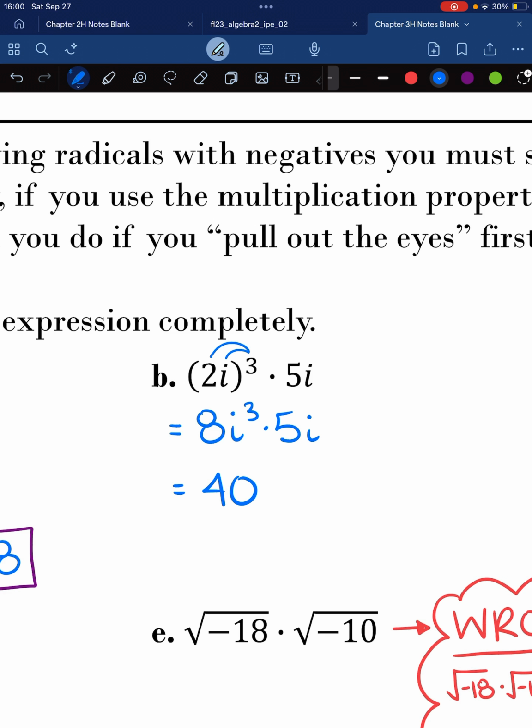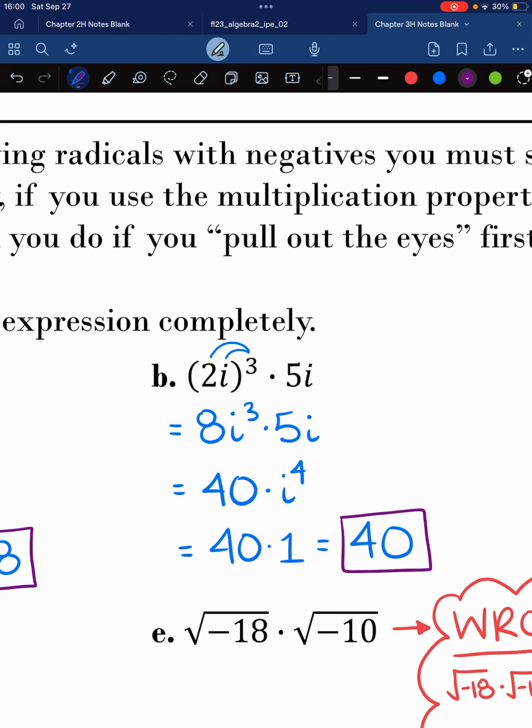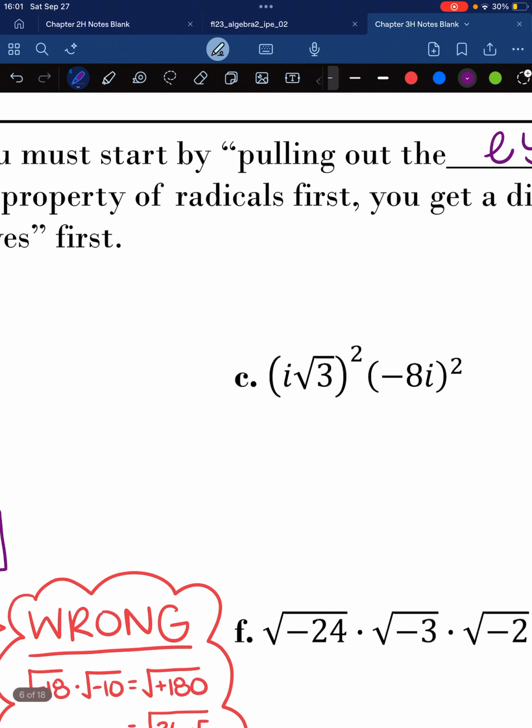So I'm going to do 8 times 5 is 40. I cubed times I is going to be I to the 4th. And I know that I to the 4th is just positive 1. So the answer is 40.